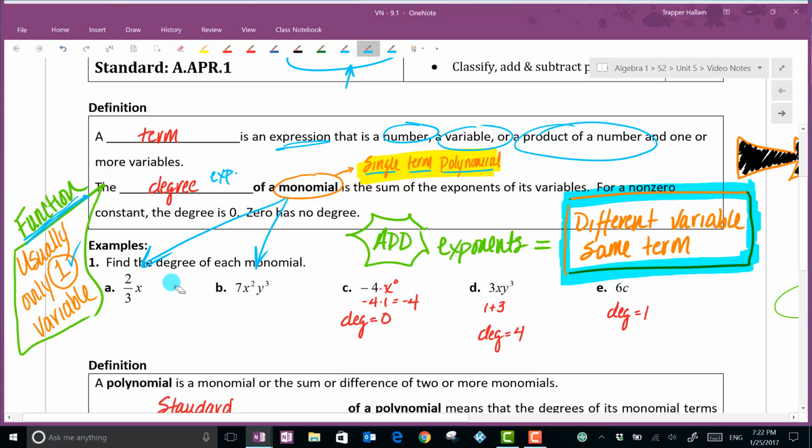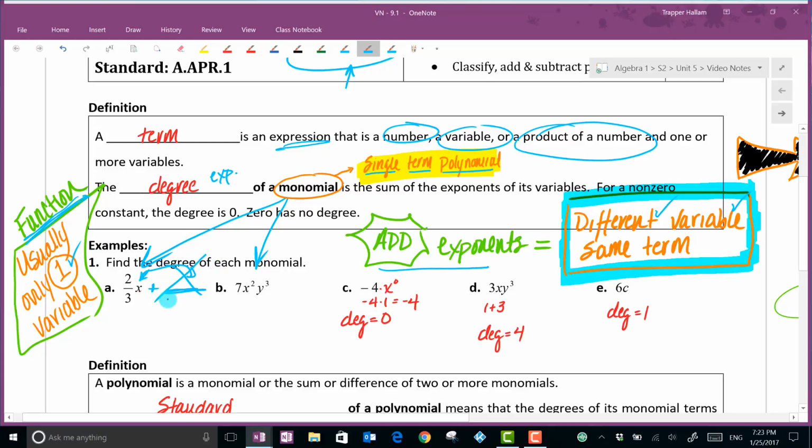So looking at these monomials, we're going to look at all the different variables that could exist in them. A is something that we're going to usually do. B is something that we'll see occasionally. Okay, and if we see something like B where there's more than one variable involved, we're going to add up those exponents, but only when they're different variables. That's key. Don't do it all the time. Do not, if you have more than one term, start adding variables from different terms.